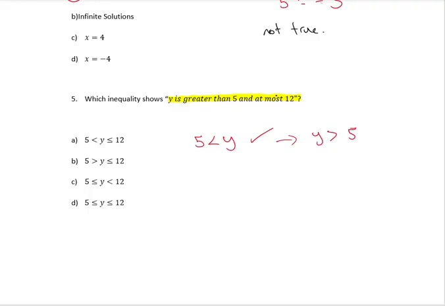And then we have at most 12. Now, the at most 12 part is a bit tricky because it's going to have the number 12, but the keyword here is most. So it actually does include the value of 12 as well. So it's going to have the equal to part. So it's actually 5 is less than y, and y is less than or equal to 12. So it's A.